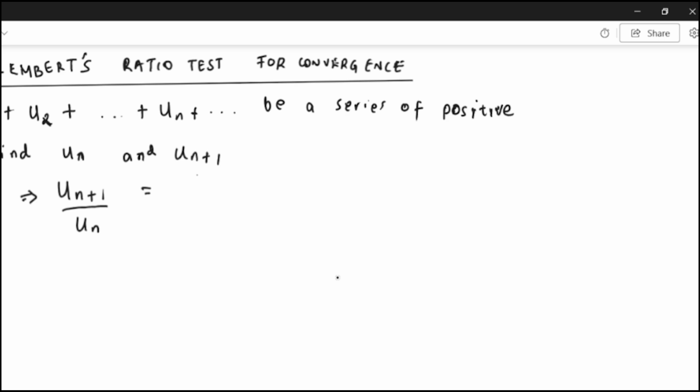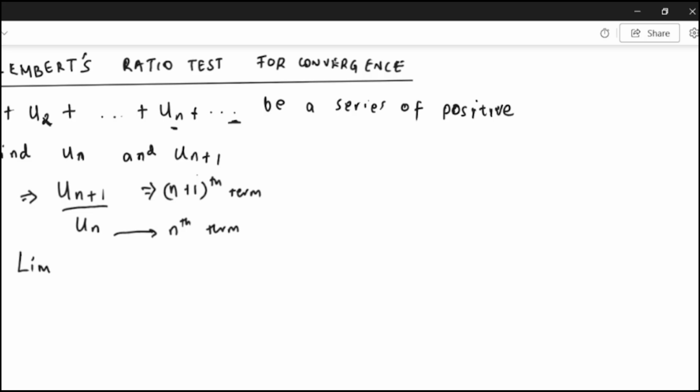That un plus 1 is the n plus 1th term, whereas un is your nth term, because you see this series here goes beyond un, so you're expecting to get un plus 1 somewhere else, and then after that you get the limiting value.